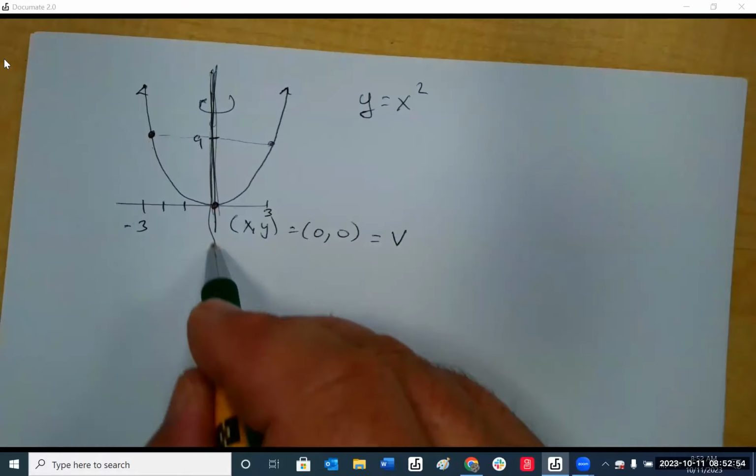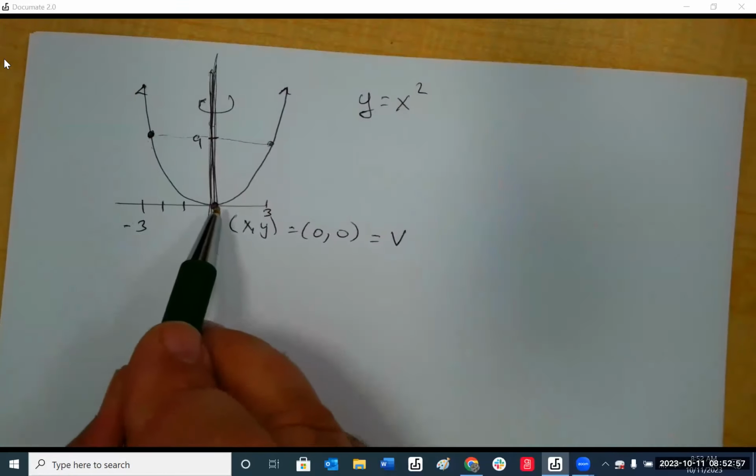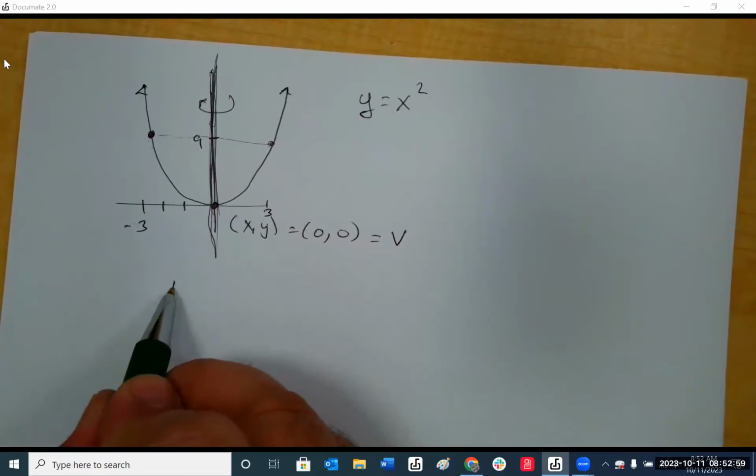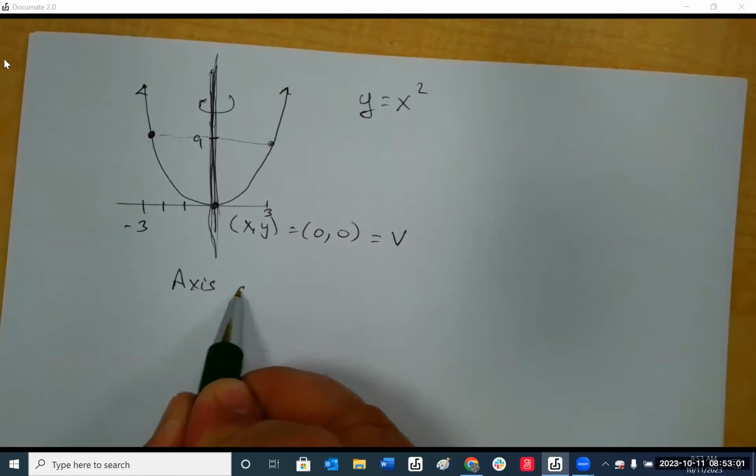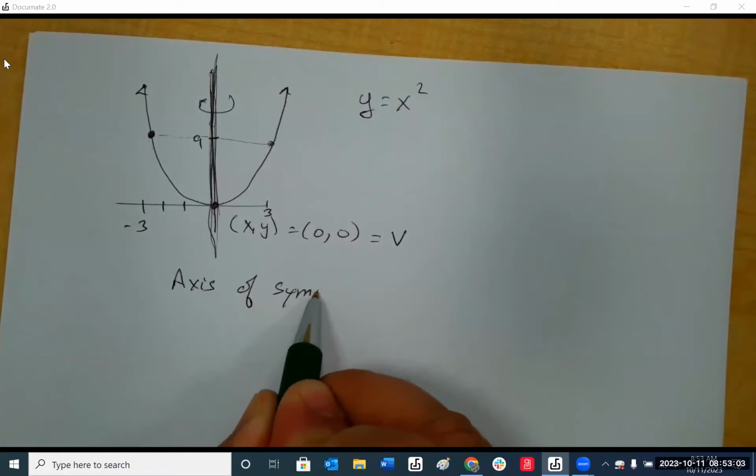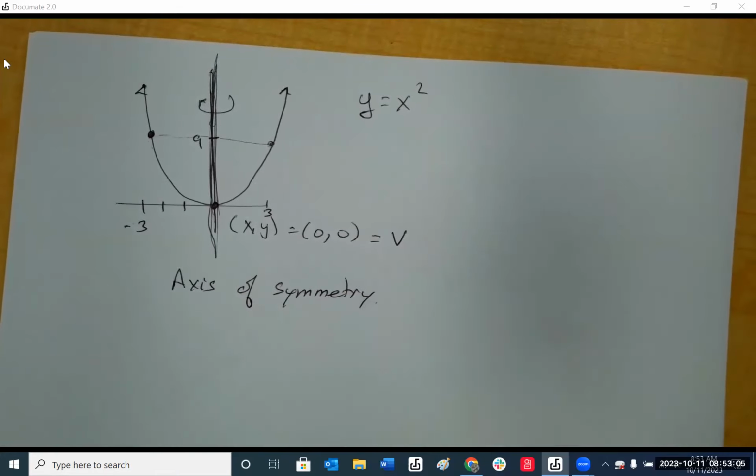This line here that goes through the vertex is called the axis of symmetry.